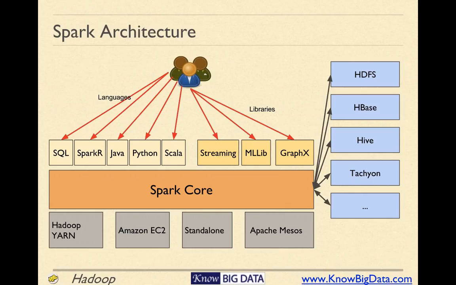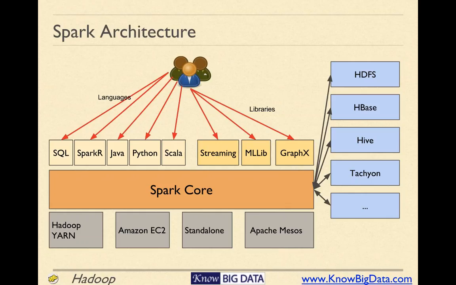Basically Spark is a kind of computing engine. It does not have its own storage, but it can read from HDFS, HBase, Hive, and other newer file systems such as Tachyon. Tachyon is a kind of high availability file system like HDFS.